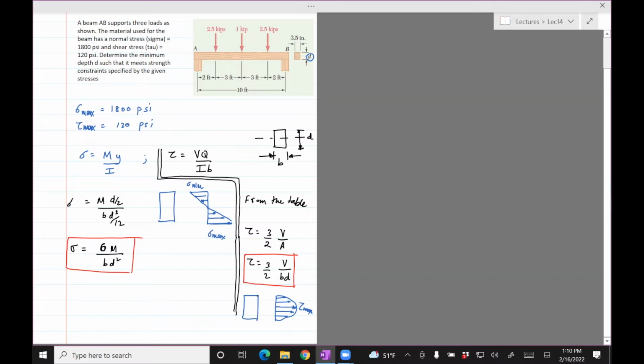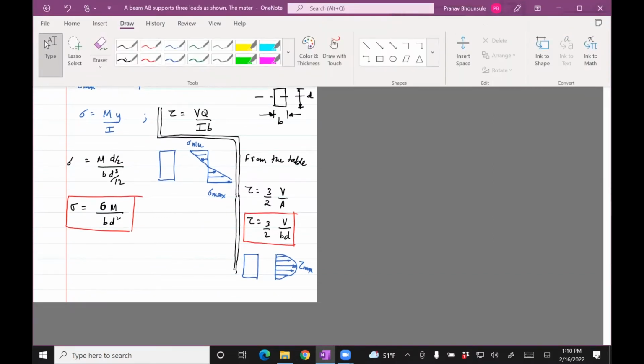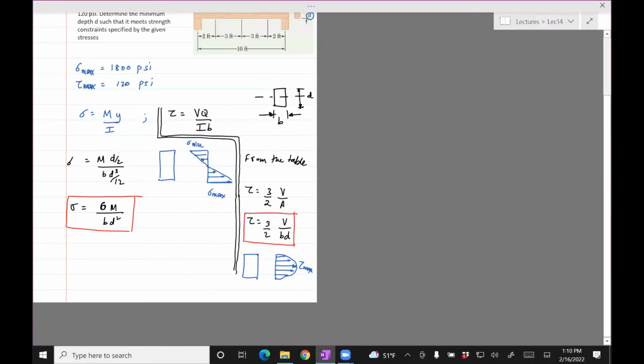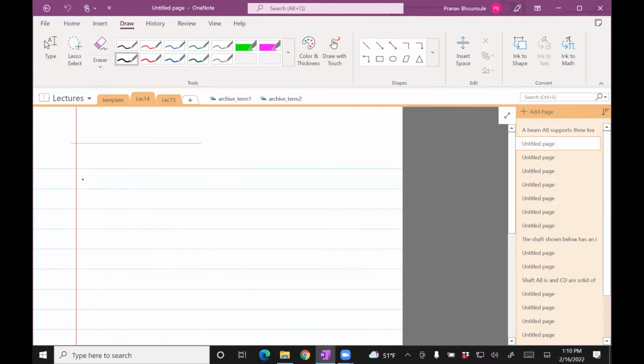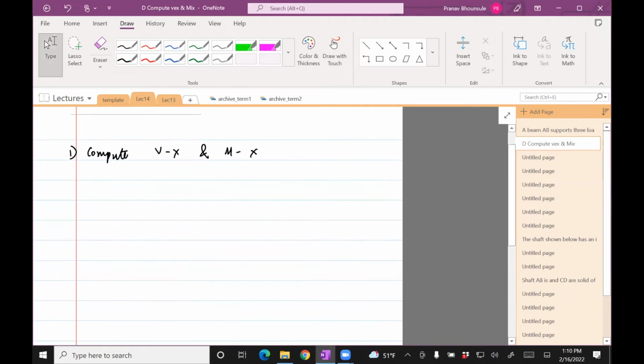We'll do that first, and then come back and revisit these formulas. So first we'll compute Vx and Mx.